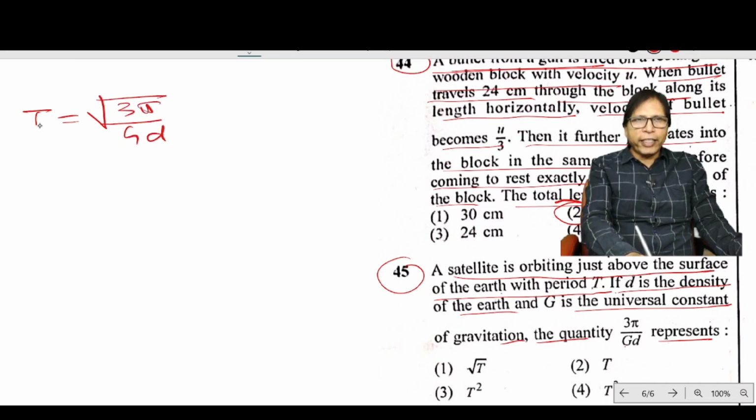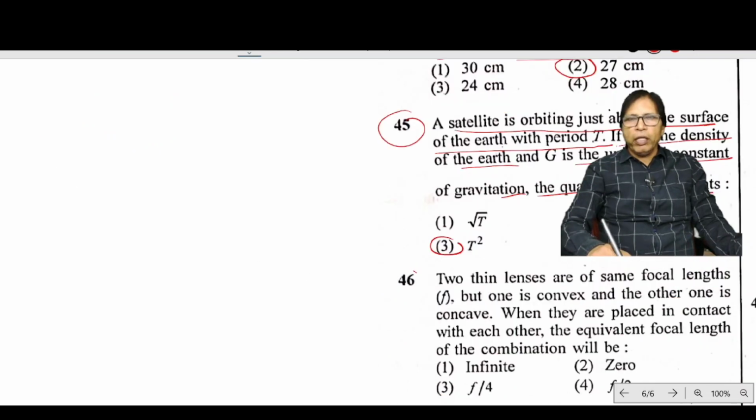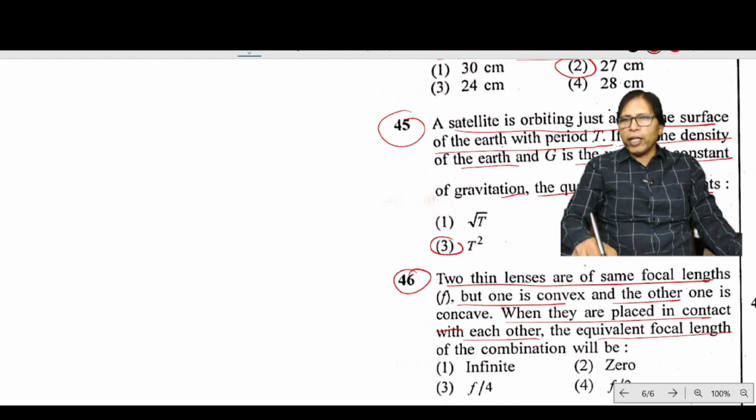So this is T square, option 3. Okay, now 46. The two thin lenses of same focal length, but one convex and other one is concave. When they are placed in contact with each other, the equivalent focal length will be 0. Okay.